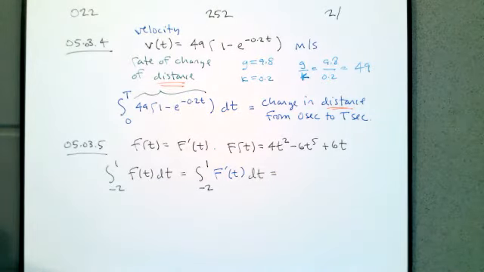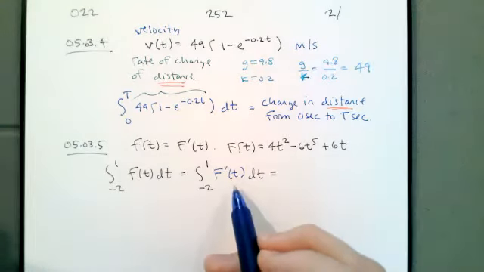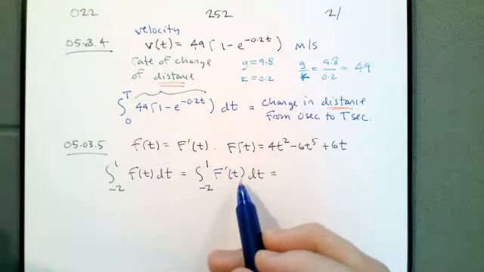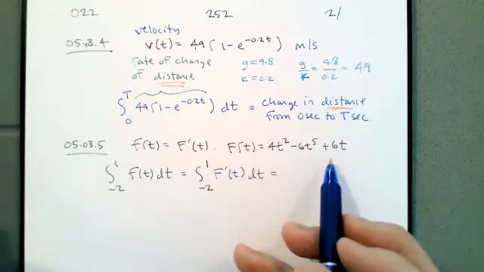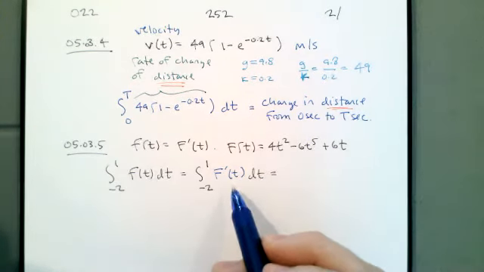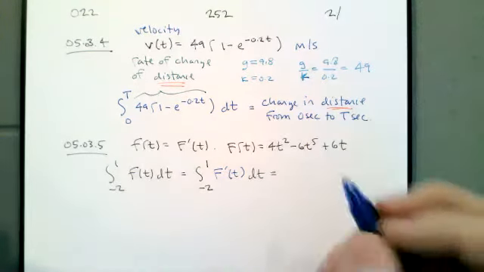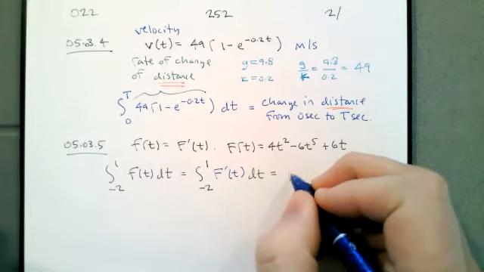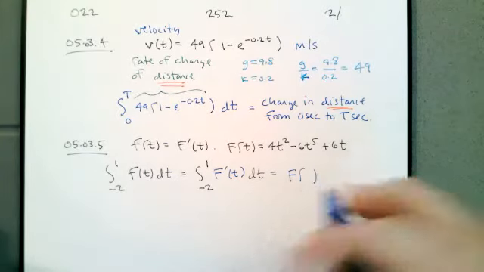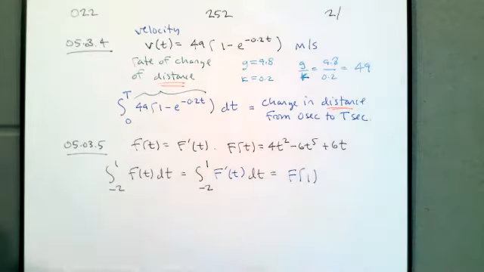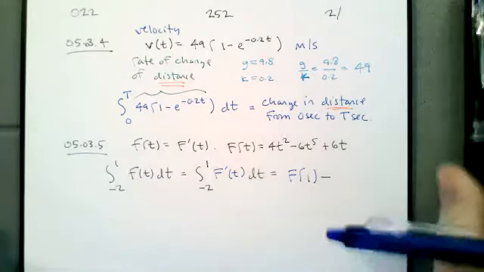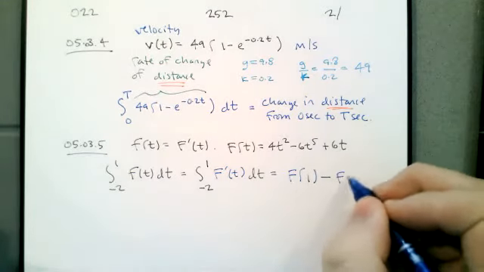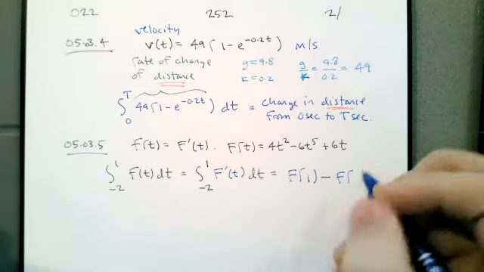We can evaluate this definite integral by looking at the antiderivative of this derivative at the endpoints. The idea is that we don't need to take the derivative of this, because we're just going to end up finding an antiderivative and end up back where we started. So we're just going to calculate capital F at 1 and subtract capital F at -2.